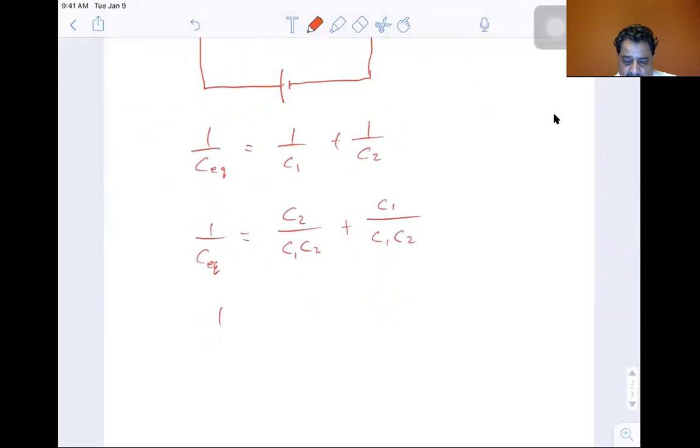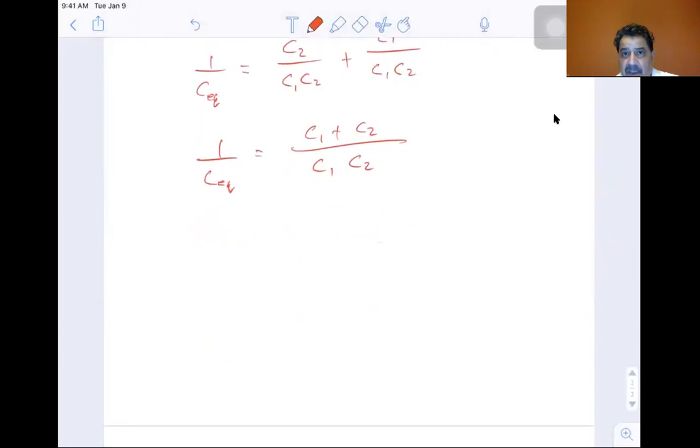And so 1 over C equivalent is equal to C1 plus C2 over C1 C2, the product. Now let's take the reciprocal of that. C equivalent is equal to C1 C2 over C1 plus C2.